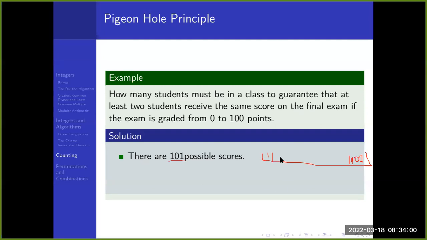If we start placing each student, suppose each student gets a different score, we can stretch it out: put the first student here, the second student in the second slot, and so on up to the last student, which will be the 101st student. So if you have 101 students, it is possible that each of them gets a different score. If you want at least 2 to have the same score, then you need 1 more student to guarantee it.